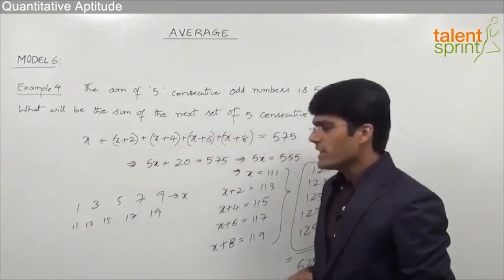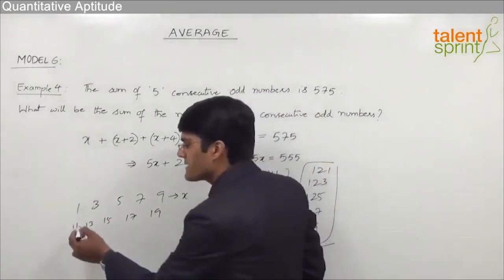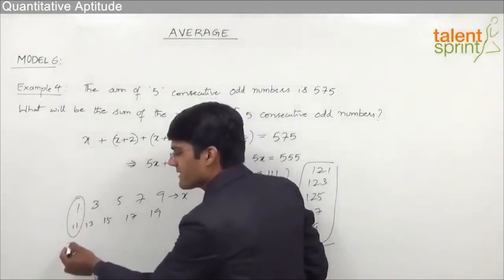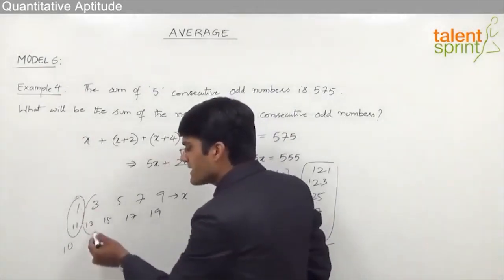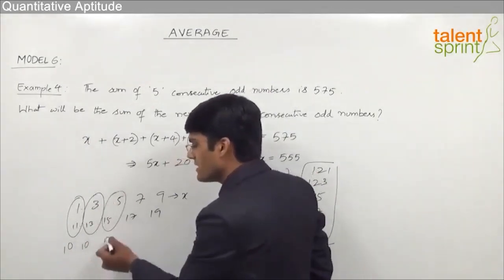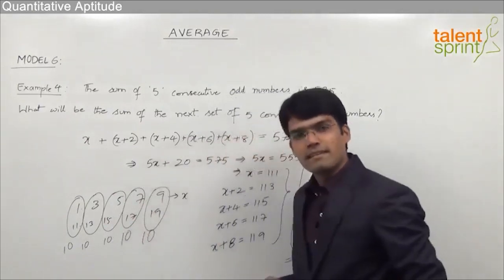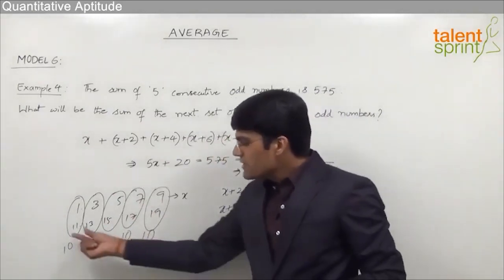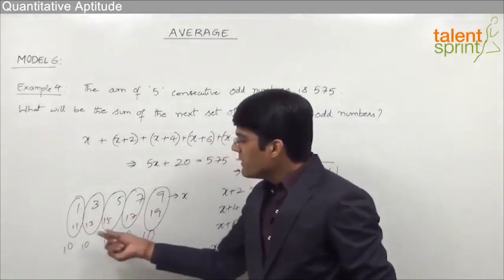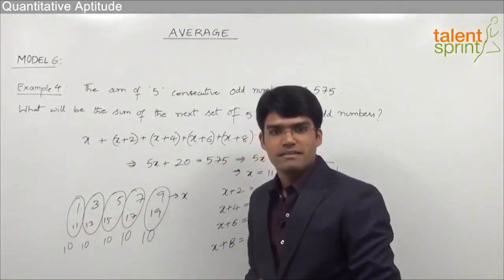And the point to be noted here is the difference between the first number in the first set and the first number in the second set is 10. Similarly, the difference between the second numbers of both the sets is again 10. The third number is also 10. Fourth and fifth numbers as well is 10. So as you can see, each number in the second set will be 10 places away from each number in the first set respectively.